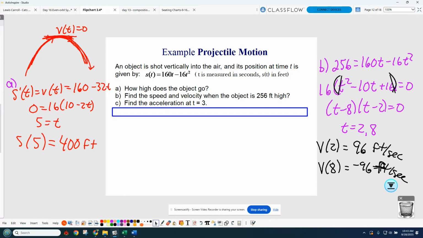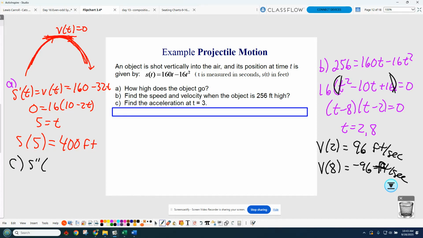Negative 32 feet per second squared. What is it at time 3? Still negative 32. It doesn't matter what time it is, gravity is a constant.